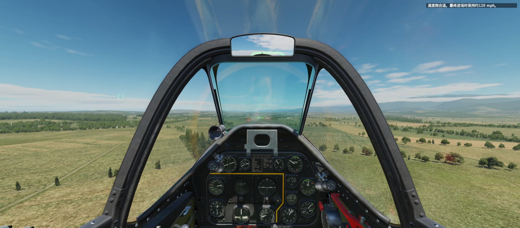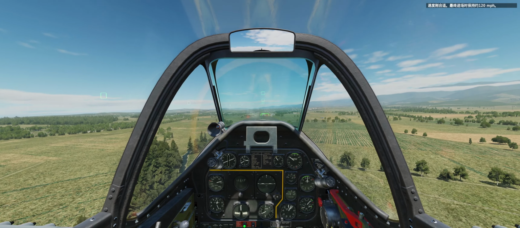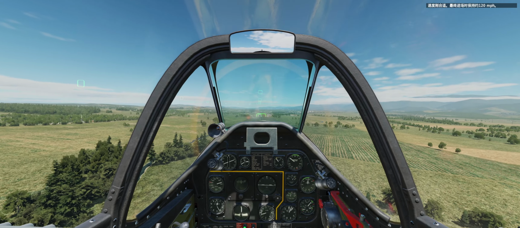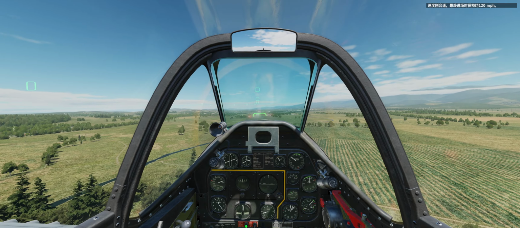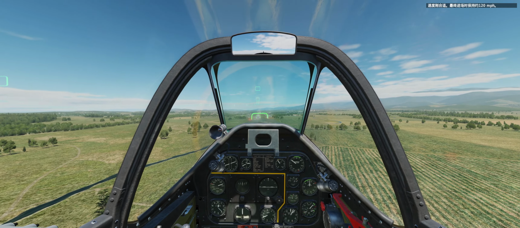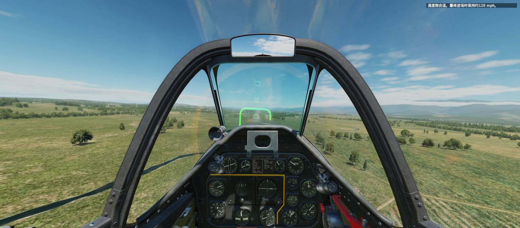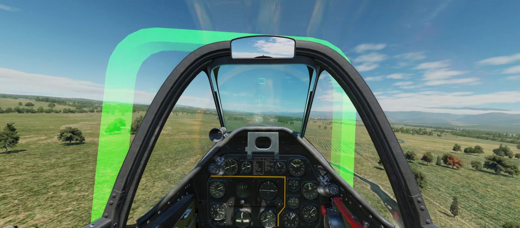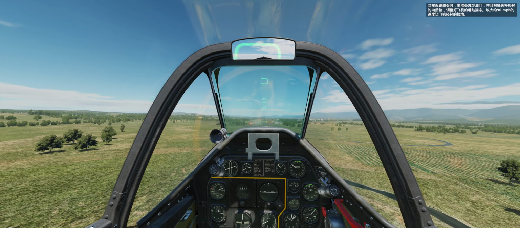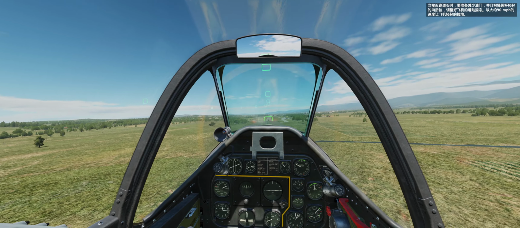Speed looks good. Keep it around 120 on final. As you approach the threshold, prepare to reduce power and flare the aircraft by gently pulling the stick back.